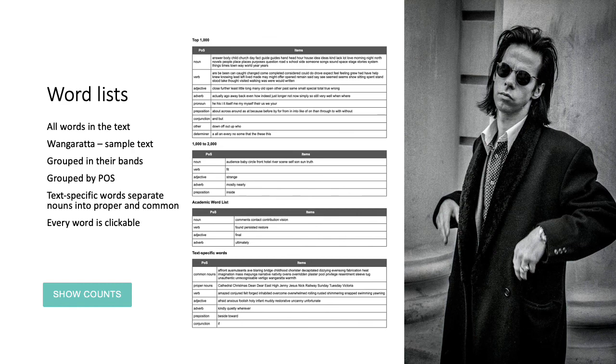Every word in these tables is clickable, so if you wish to create a concordance of a word which does not appear in a word cloud, you can click on it in these tables and then you will have your concordance. If you click on the Show Counts button, that will put a little number beside every word in the table to tell you how frequent it is in the text.